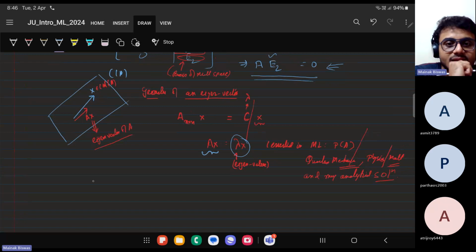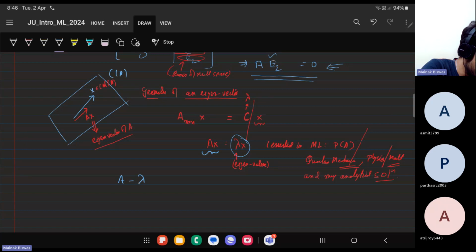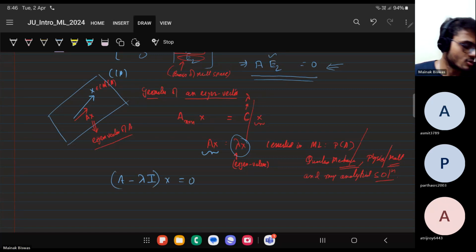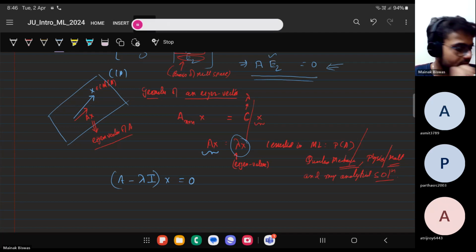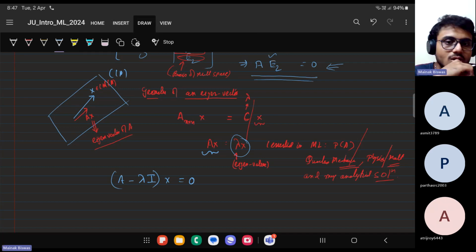So how do you think we can calculate this? There's a simple way, right? If I just write it in this form, I get (A minus lambda I) x is equal to 0. Right, I just took lambda x to the left hand side.